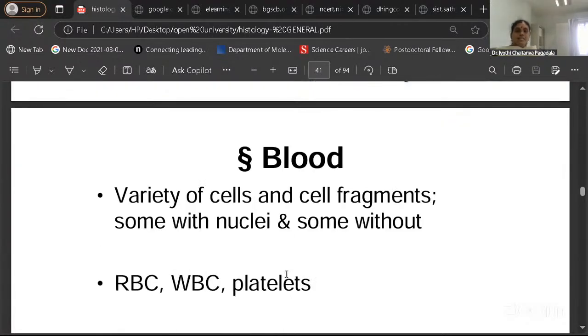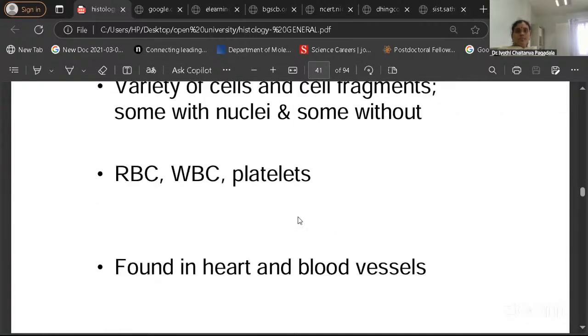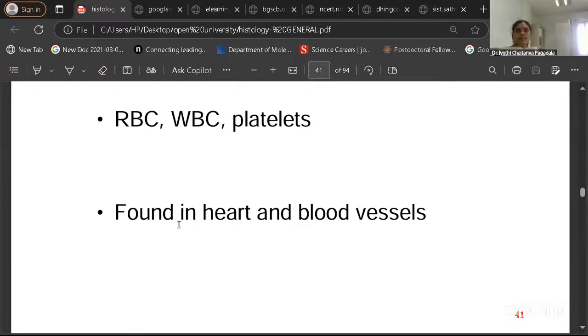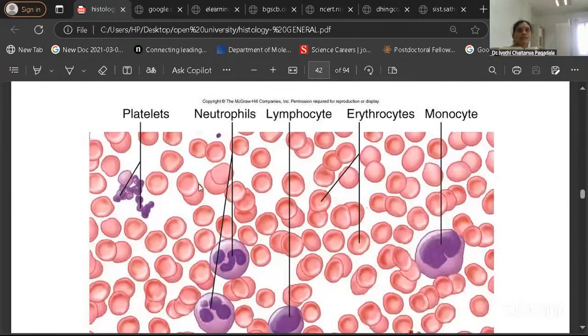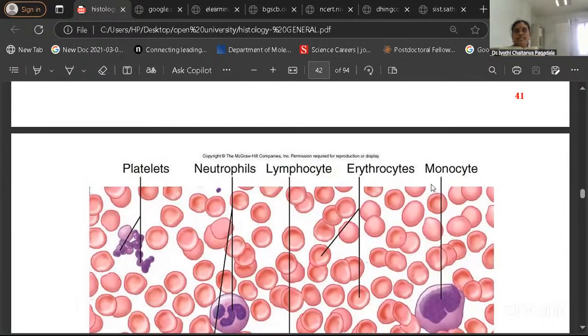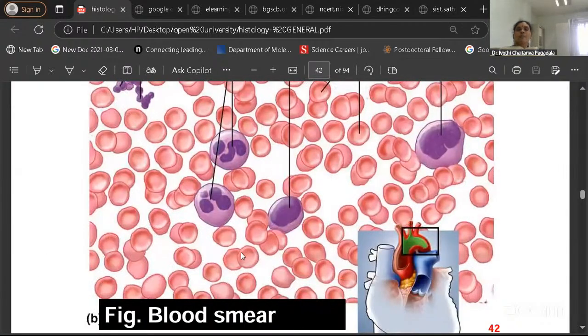When coming to the blood, a variety of cells and cell fragments, some with nuclei and some without nuclei. RBC, WBC, and platelets are present in the blood, found in the heart and blood vessels. Platelets, neutrophils, lymphocytes, erythrocytes, monocytes you can see in this single picture when blood is smeared.